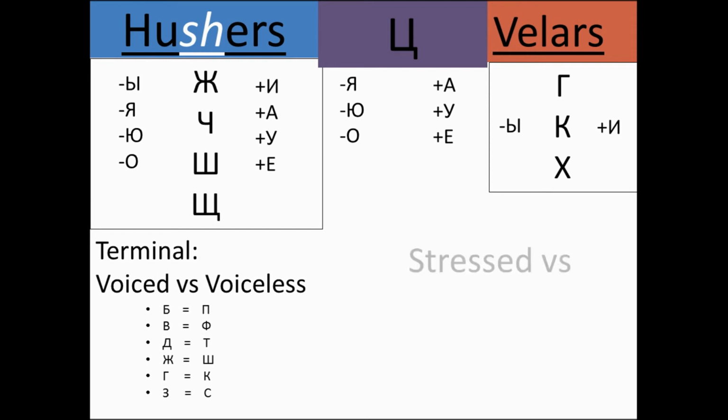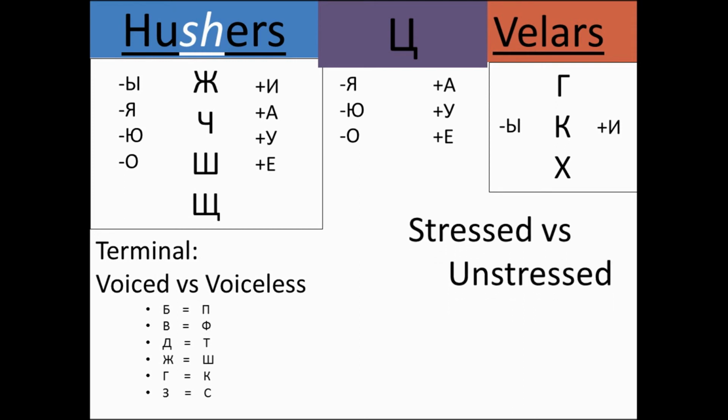Now let's talk about stressed versus unstressed vowels in Russian. The big three vowels are o, ye, and ya. An unstressed o will usually sound like either a or uh. An unstressed ye will sound either like i or y. Yet an unstressed ya will usually sound like i, but sometimes it can sound like y as well. Now, how will you know if a letter is stressed or unstressed?